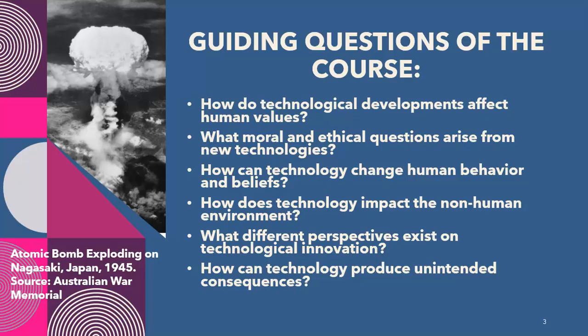Two scenarios where such questions might come into play include the detonation of the atomic bomb on Hiroshima and Nagasaki, Japan in 1945, and the widespread adoption of the smartphone across the developed world since the early 2010s. Obviously, the detonation of the atomic bomb has raised questions about the moral and ethical implications of technological change, including the ethical responsibilities of scientists who help to develop such transformative technologies.